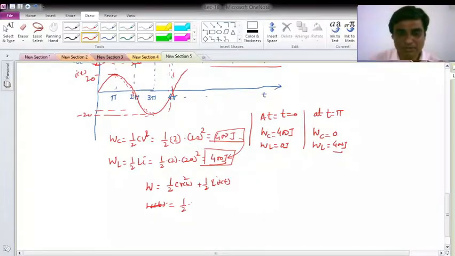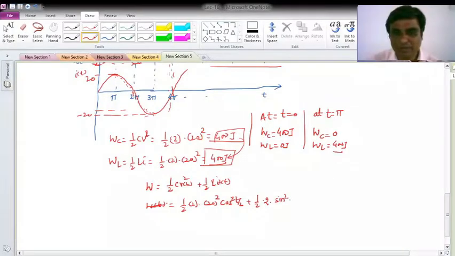Half C is 2, V square is 20 square into cos square t by 2, plus half into L is again 2. So I square is again sine, so it will be sine square t by 2.